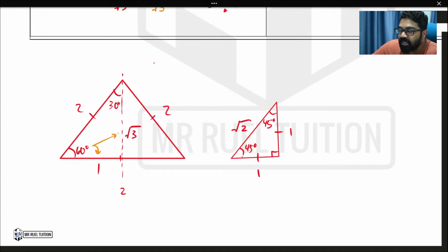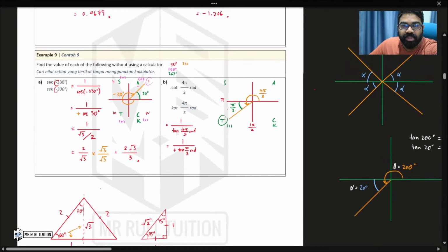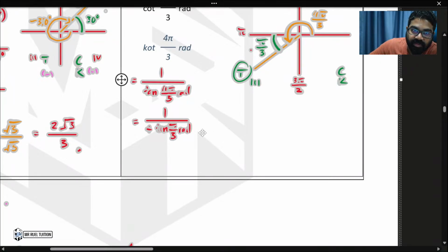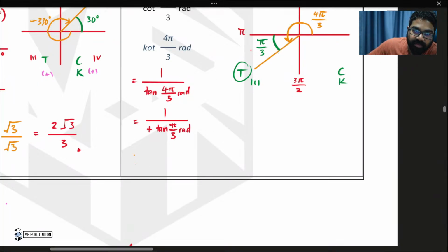Opposite over adjacent, isn't it? So this will be 1 per positive set 3. 1 over positive set 3.